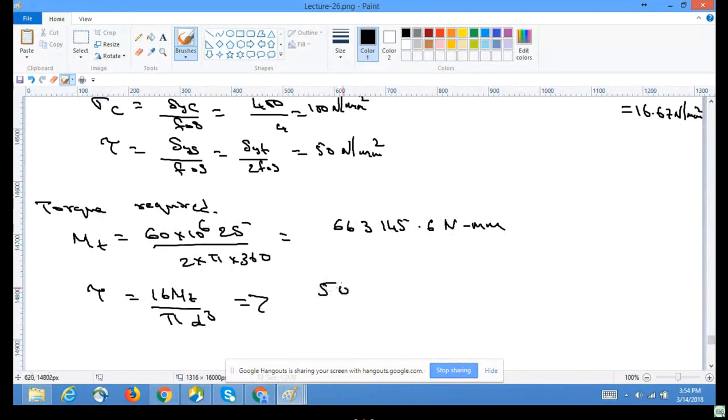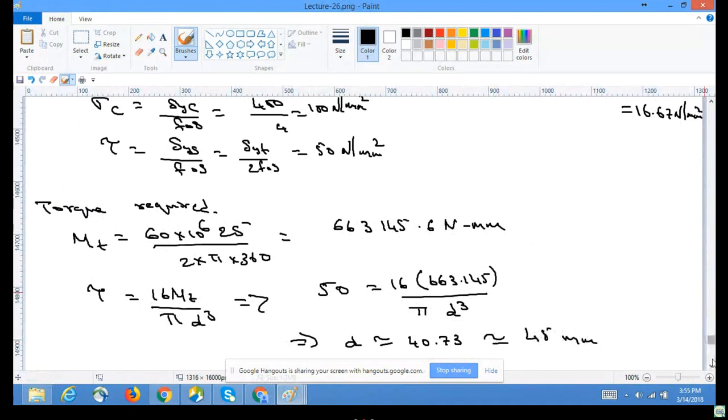Tau is 50, 16 into 663,145.6 divided by pi d cube implies d is equals to 40.73, which we approximated to 45 mm.